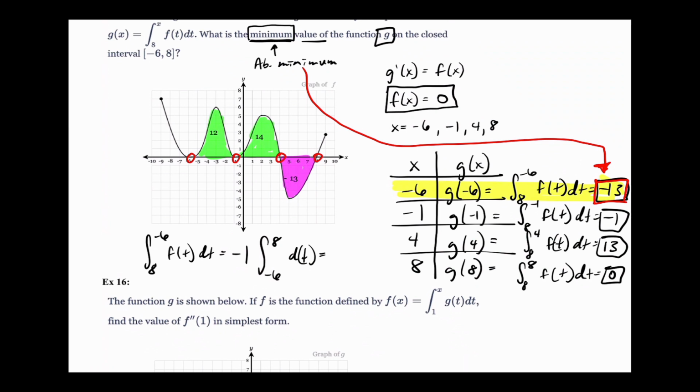It's the smallest y value out of all those guys, which are absolute minimums, absolute maximums, relative maximums, relative minimums. They don't ask us this, but the absolute max is 13. And then negative 1 and 8, those are probably just relative maximums or minimums. But they only ask us for the absolute, so we just want the smallest.